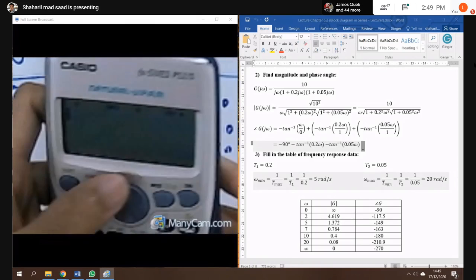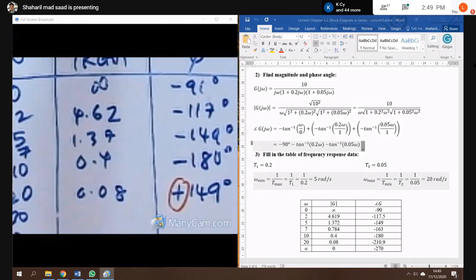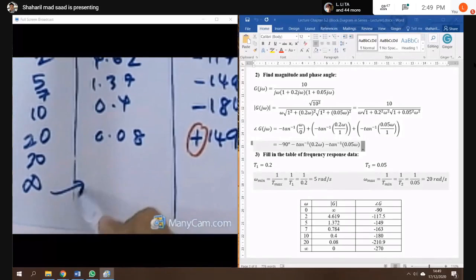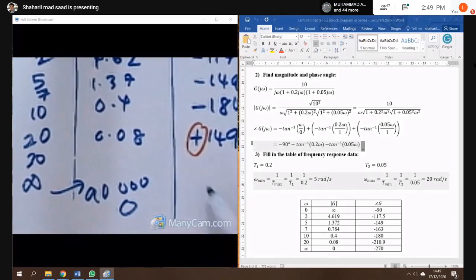Oh, I already deleted it. Okay, you just calculate an infinity value. You just put it around 19,000, for example. Then you got 0 here, and then 270 here. Okay, minus 270. Alright. So this is the infinity value.